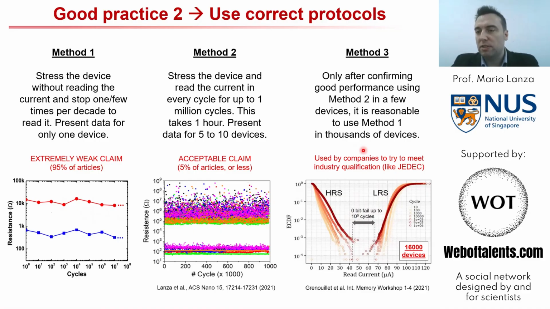You need probably specific tools, and it is a test that will take a very long time. So I recommend not to use one extreme, not to use the other. Something that is acceptable is to characterize the resistance in every single cycle for a few devices. This will be already enough and reliable enough, let's say.